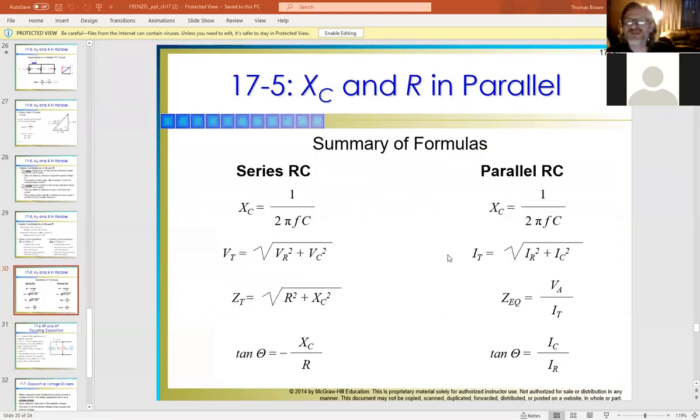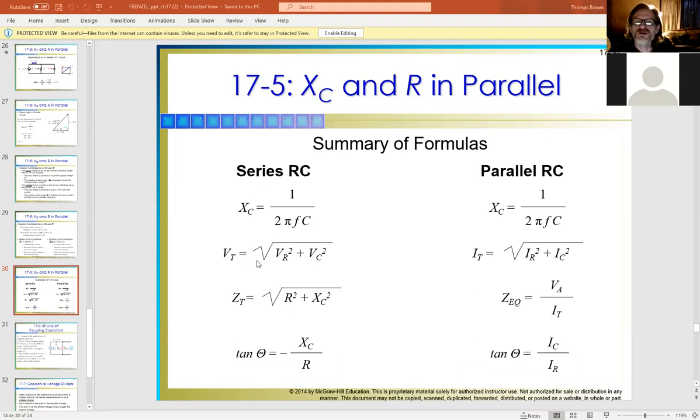And here we take a look at the formulas. And these are available also on the formula sheets that I handed out, that 3-page deal with the little diagrams. These are on that as well. And we see what our variations are, if you will. X of C is still found the same way, series or parallel, 1 over 2 pi FC.